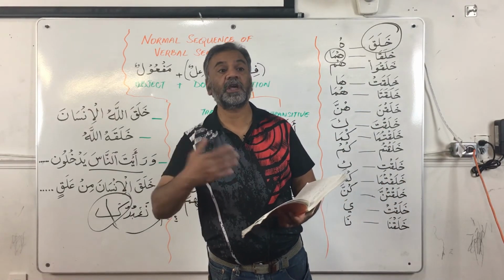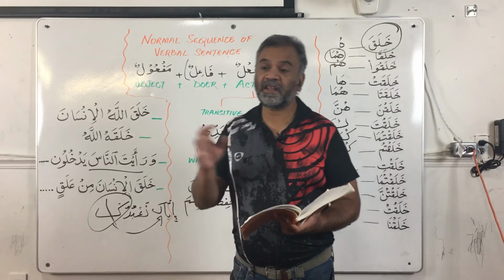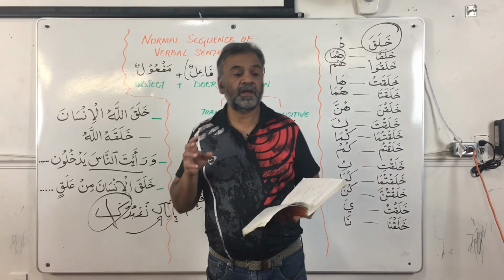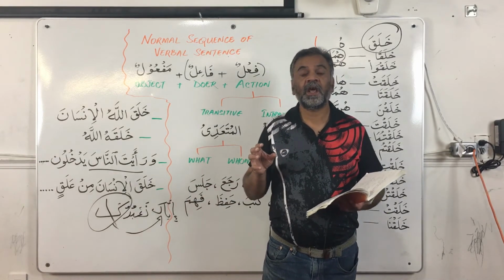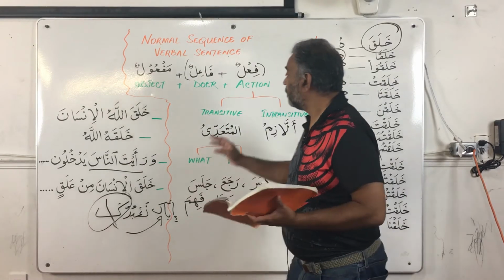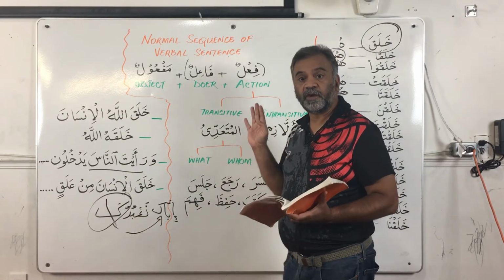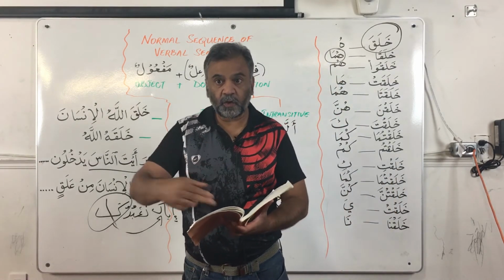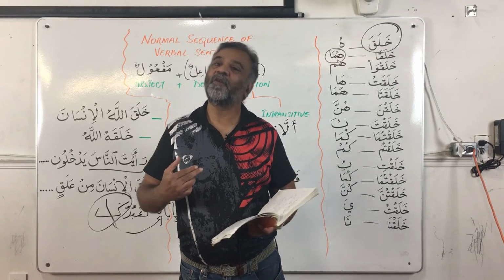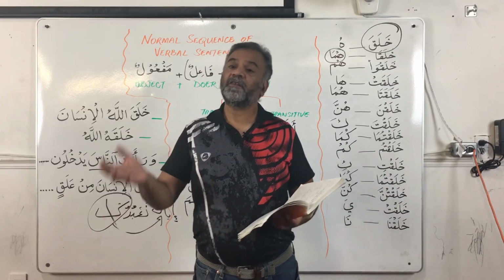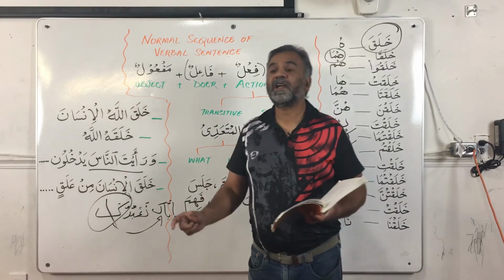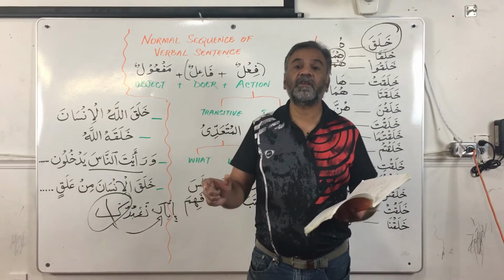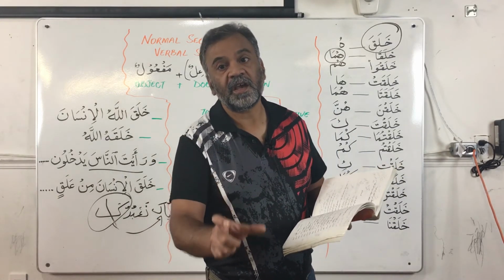They are talking among themselves, and in this lesson Dr. Saab is bringing in both transitive and intransitive verbs, and when we read through the lesson, we will identify them. We will identify where is the verb, where is the fail, and where is the maf'ul.